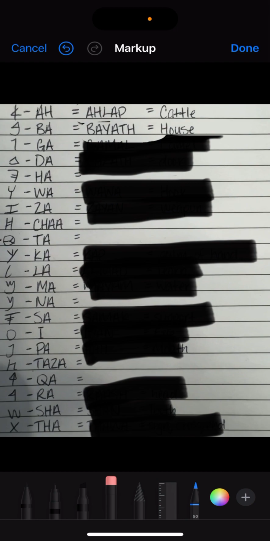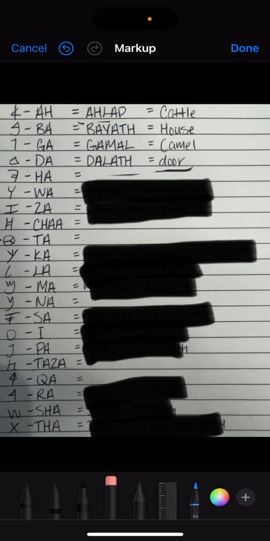Now we have another character that almost looks like a cane, and that derives from gamal, which means camel. So ga derives from gamal, which means camel. The next pronunciation is da, and that derives from the laf, which means door.